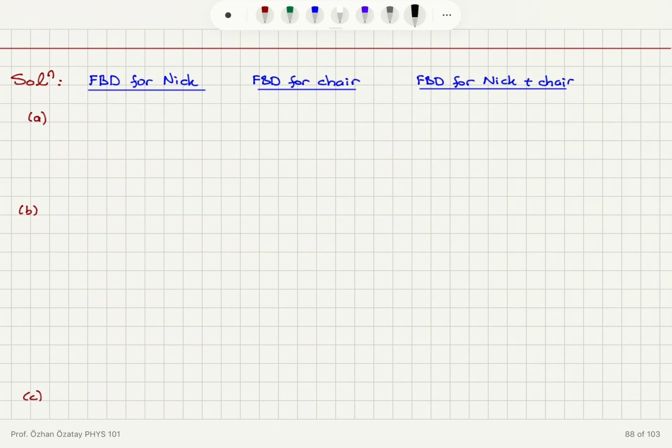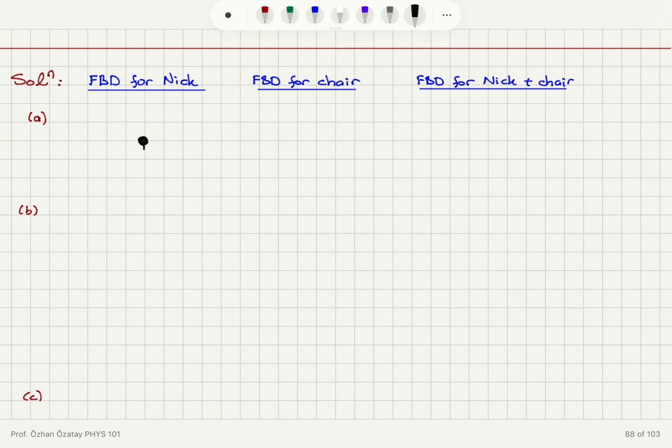So let's start with drawing the free body diagrams. Now once again, we're modeling Nick as a single particle. So here is Nick considered as a single particle. And what are the forces acting on Nick?